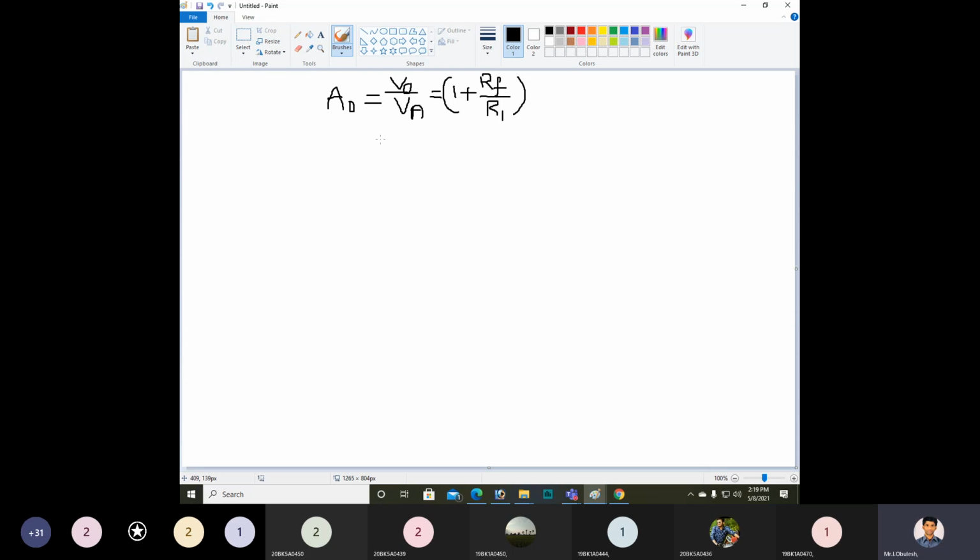Therefore, from this, the voltage at node A, VA, is equal to V0 by A0.